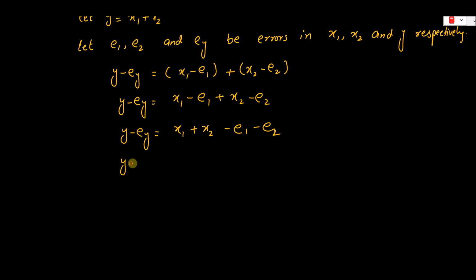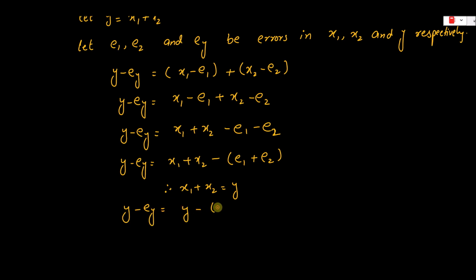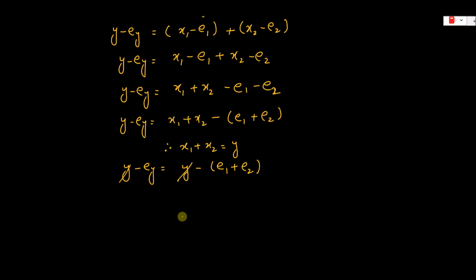So we are going to take the negative sign as common from both of these errors. So that should be e1 plus e2. And we know that x1 plus x2 is equal to y. So we are going to substitute back, that is y minus (e1 plus e2). So this should be cancelled with this, and we are left with minus ey, that is equal to negative (e1 plus e2). So this negative will cancel out this negative. You will get ey is equal to e1 plus e2.